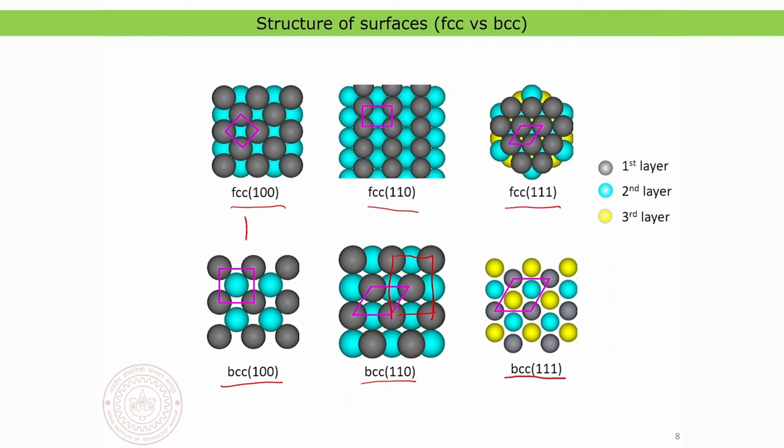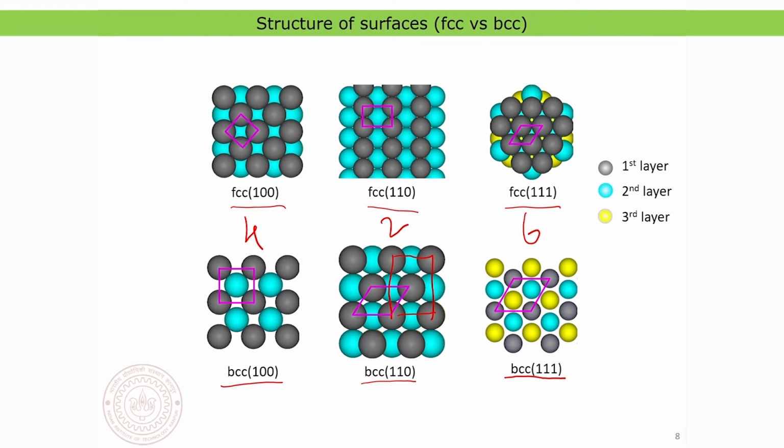So always you can see this is a four-fold symmetric surface, this is a two-fold symmetric surface, this is a six-fold symmetric surface. So in general, their appearance, or the way the atoms are arranged on the surface, is clearly the same, but the main difference is that the spacing between the atoms is much larger in the case of BCC surfaces compared to that of the FCC surfaces.